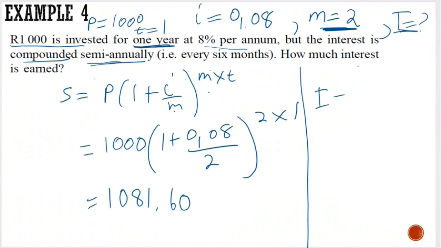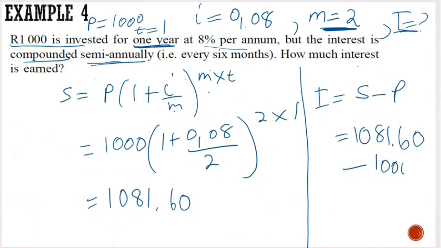Your interest is equal to your S minus P. So your accumulated amount is 1081.60 minus your P, which is 1,000, which is equal to 81 rand 60. Okay, that's one.